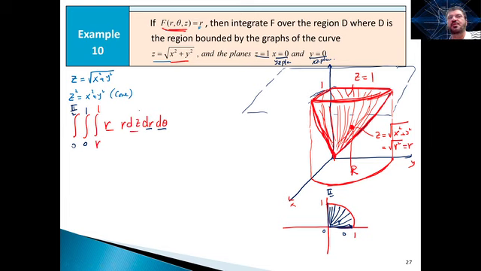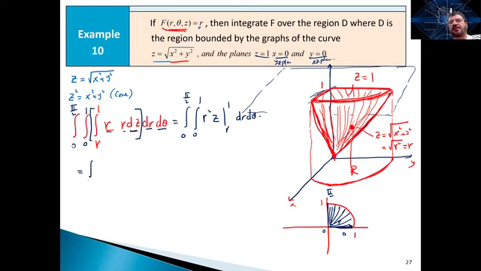Now, what do we start with? We start from inside. What do we have? We have the integration from 0 to pi over 2, integration from 0 to 1. Now, this R with this R is R squared. We're not going to touch it because it's a constant now. We're going to integrate with respect to Z. What's the integration of dz? It is Z, from R to 1, then dr d theta.